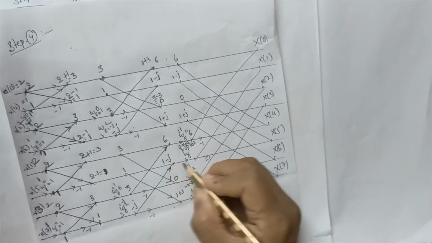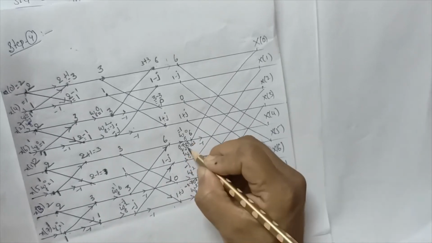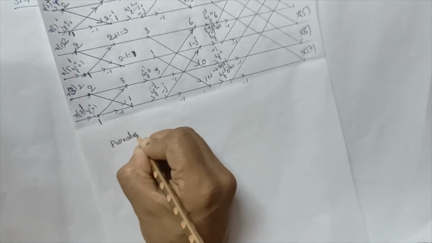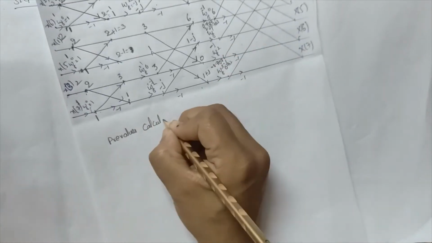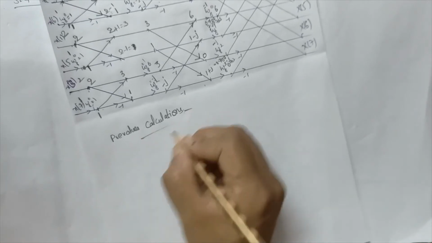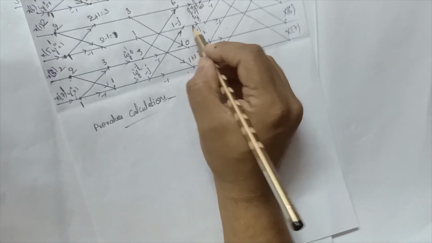And here 6 into 1, 6. 1 minus j into 0.707 minus j 0.707. So here write pre-values calculations. If you don't have space, then do in rough here like this. Okay, so write like this.